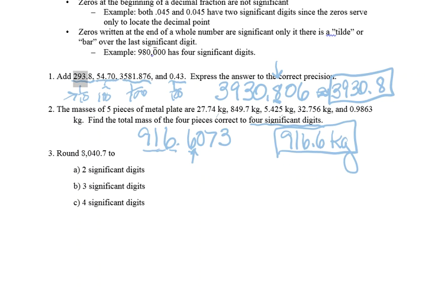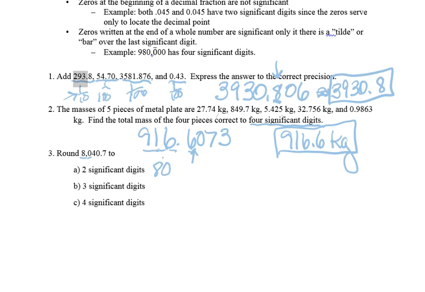Okay, so let's practice this one. If I want to round 8,040.7 to 2 significant digits, we're going to start on the left, so the 8 and that 0. What does the 4 say to do to the 0? It says leave it alone, so I'm going to keep the 0. Now, remember, a 0 by itself, unless it has another significant digit on the right of it, is not significant.